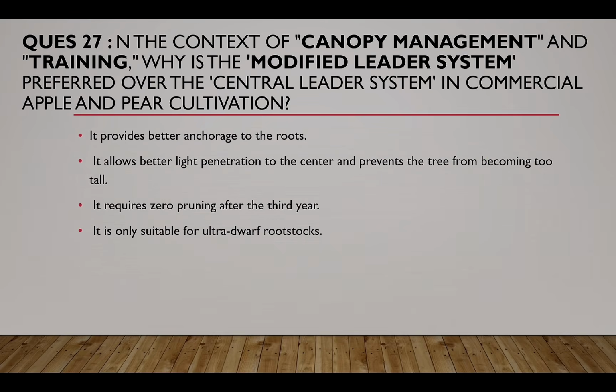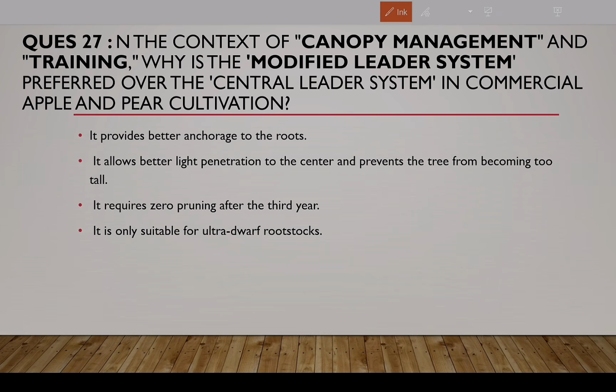The next question is, in the context of canopy management and training, why is the modified leader system preferred over the central leader system in commercial apple and pear cultivation? Remember, there are three major training systems. The first is central leader, the second is modified leader, and the third is open center.